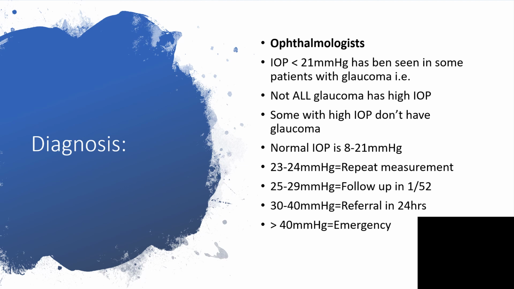When you have 25 to 29, let the individual come back in 1 week and you make your referral. If you are getting 30 to 40 millimeters of mercury, within 24 hours you have to refer to the ophthalmologist. And if it's greater than 40 millimeters of mercury, that's an emergency situation. So ophthalmologist immediately, and intervention must be done right away.